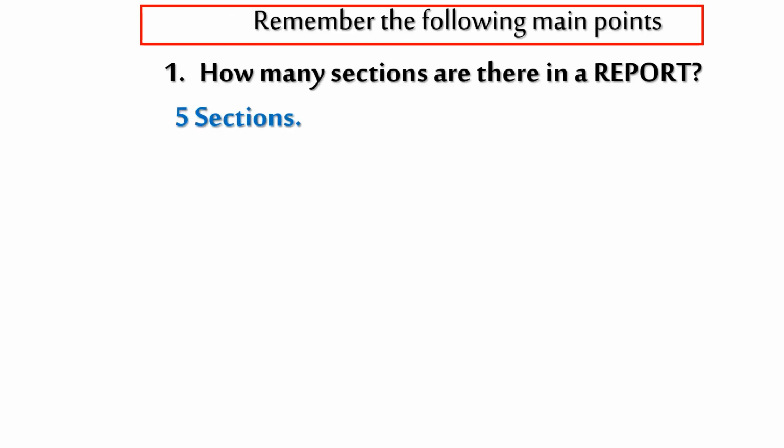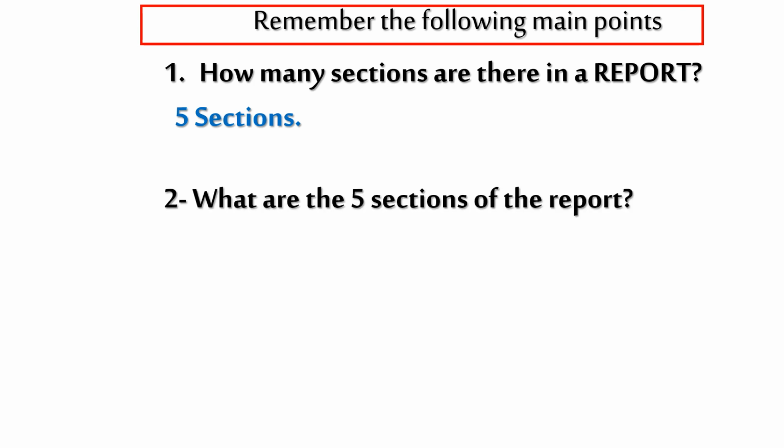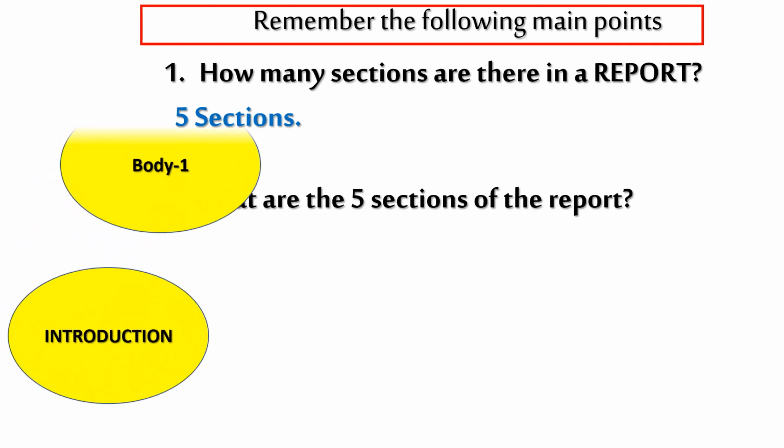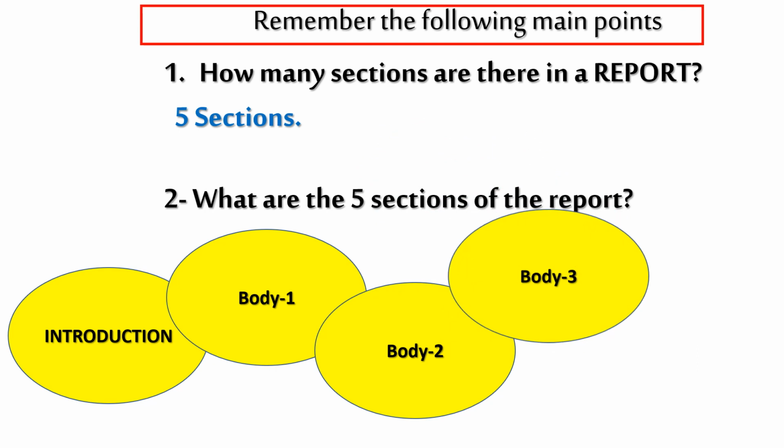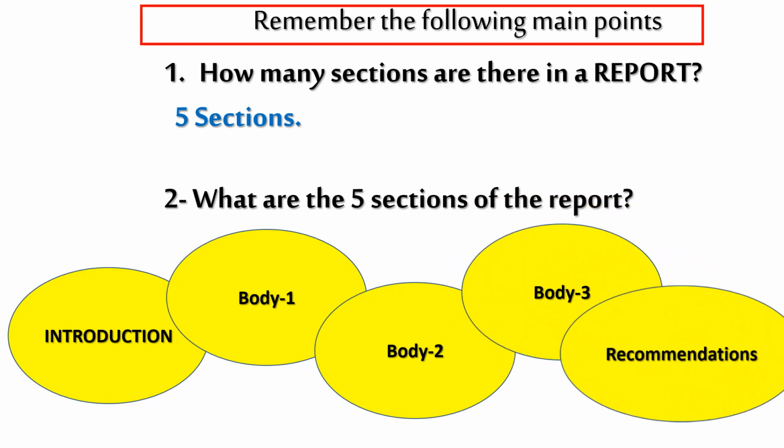Dear students, remember the following main points. How many sections are there in a report? There are 5. What are the 5 sections of the report? Introduction, body 1, body 2, body 3, and recommendations.